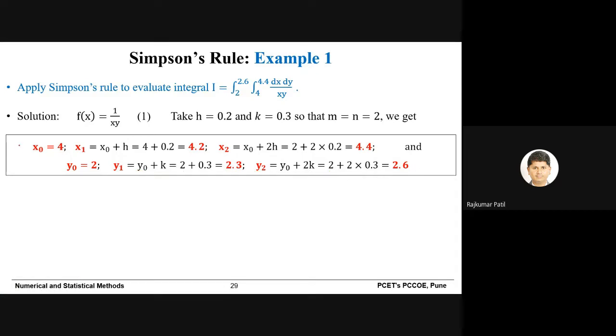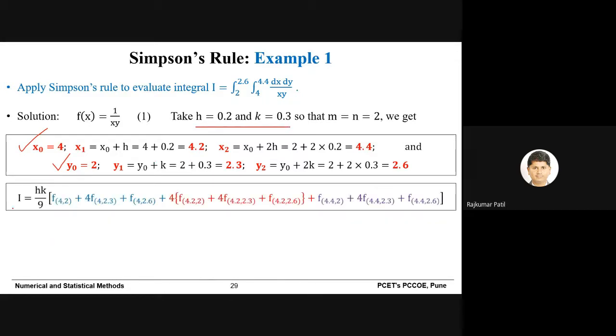Now we calculated all the values of x and y. We have the values of h and k. Now we will prepare the equations. So after taking double integration, you will get this simplified version. And even if you didn't take the integration, you can logically prepare this equation. Here I is equal to hk upon 9.